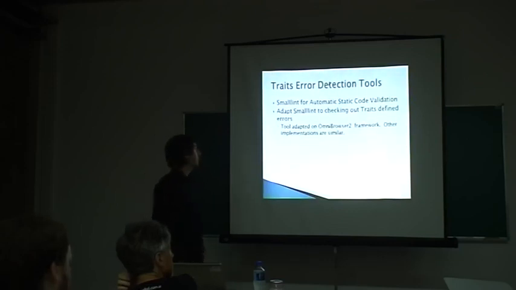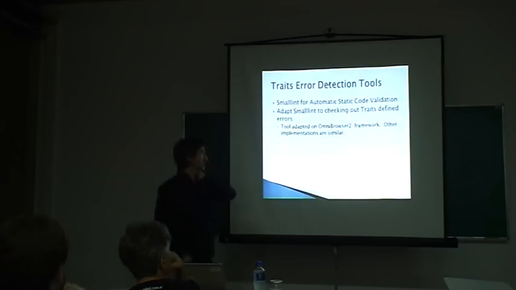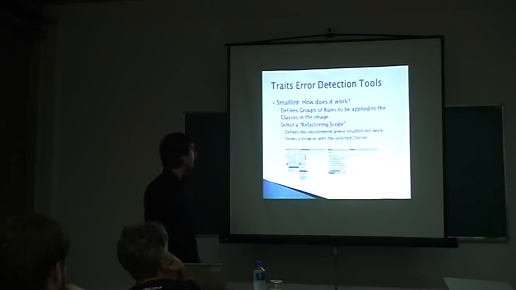Okay, well, here we are going to talk about trait error detection tools. We are going to adapt the Smalllint tool to check those errors. We are going to adapt the Smalllint tool defined for the Omnibrowser 2 framework, but all the Smalllint implementations are similar, so most of it should be applicable to other frameworks. Okay, how does Smalllint work?